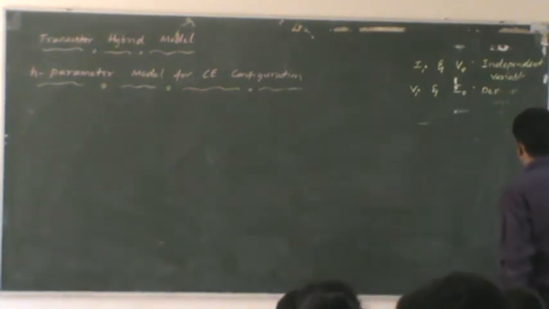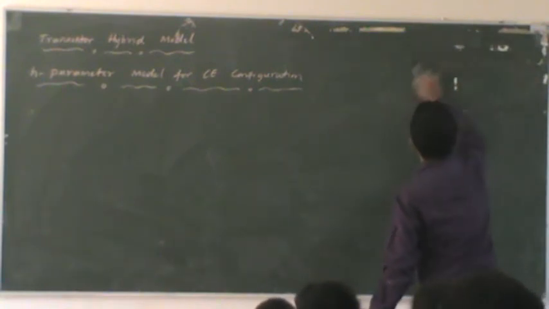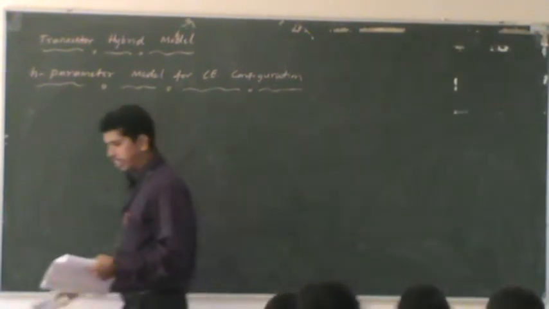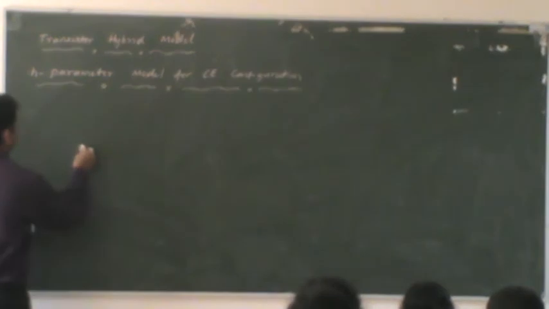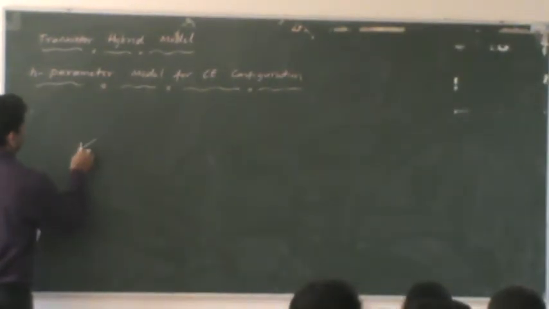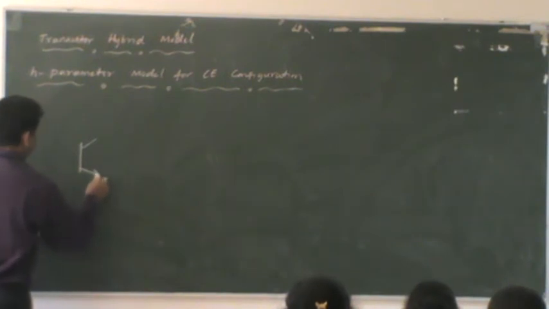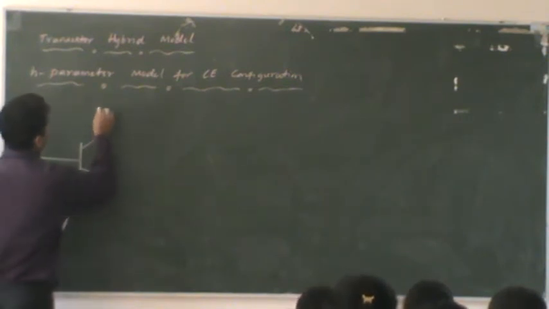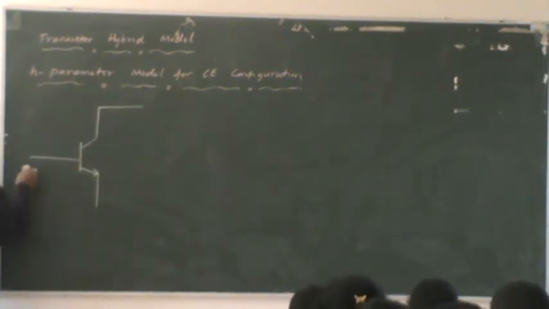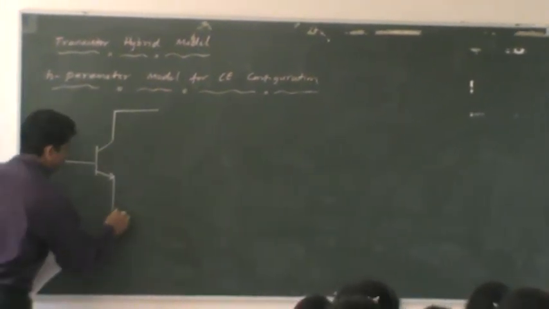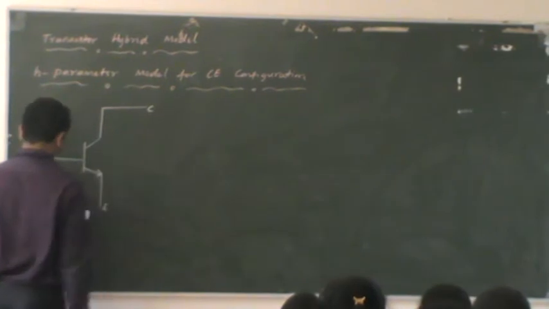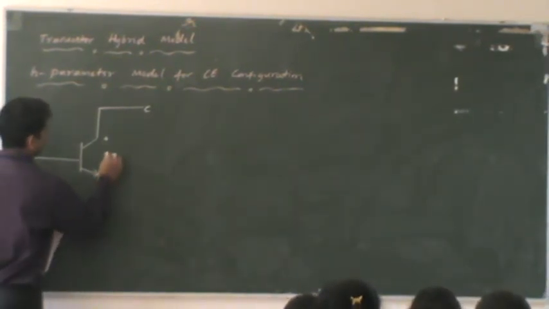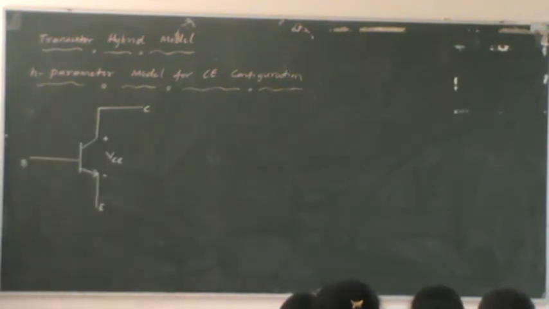First, write the transistor in common emitter configuration. The transistor has been shown in common emitter configuration. Don't use uppercase here, use all lowercase.